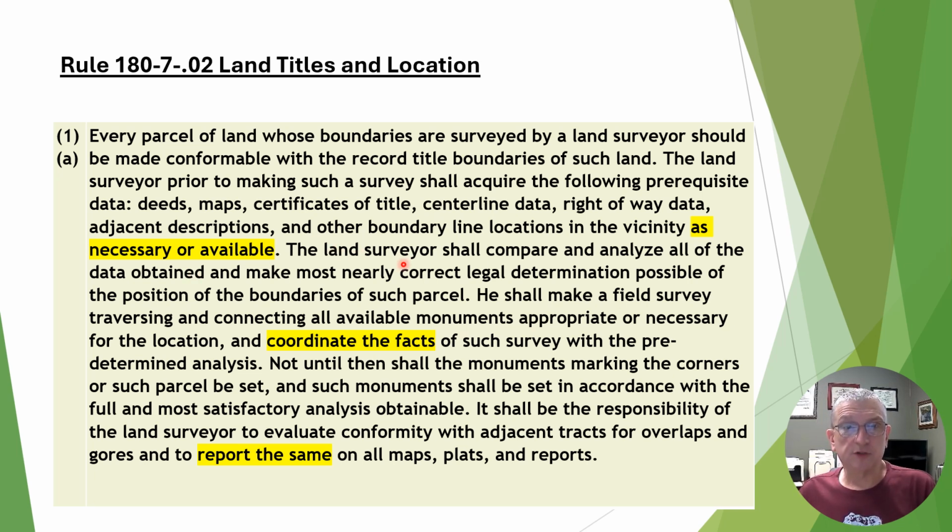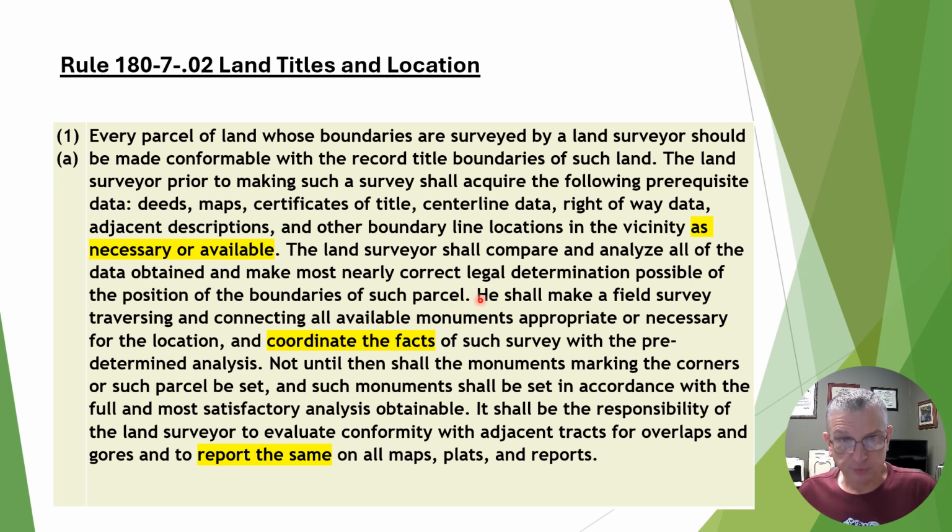So the land surveyor shall then compare and analyze all of the data obtained and make the most nearly correct legal determination possible of the position of the boundaries of such parcel. So we have to acquire all this data, then we have to analyze it, compare it, make sure it fits, figure out what's going on.